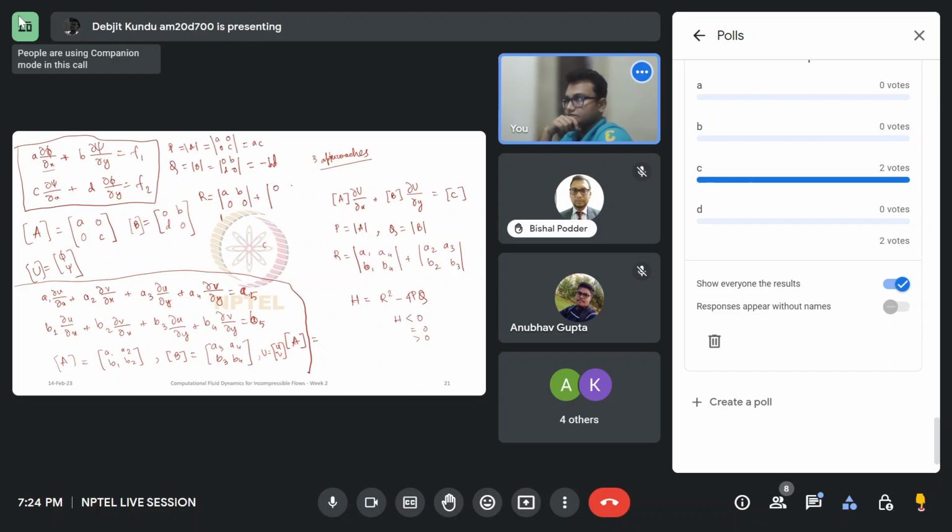A3 is 0. And B2, B3. B2 we have C. And the other one, which is B3, B3 is D. But unfortunately, both these are 0 plus 0. So, R equal to 0.